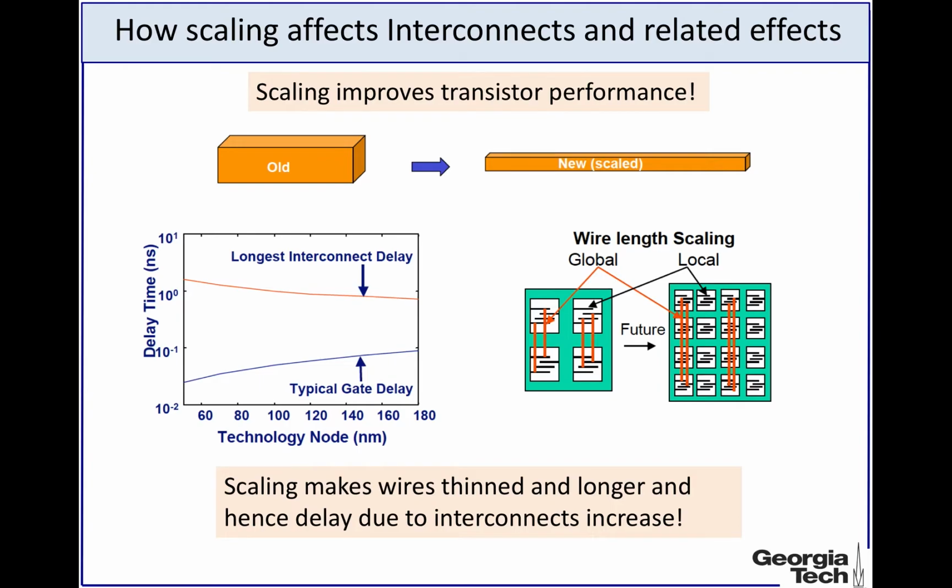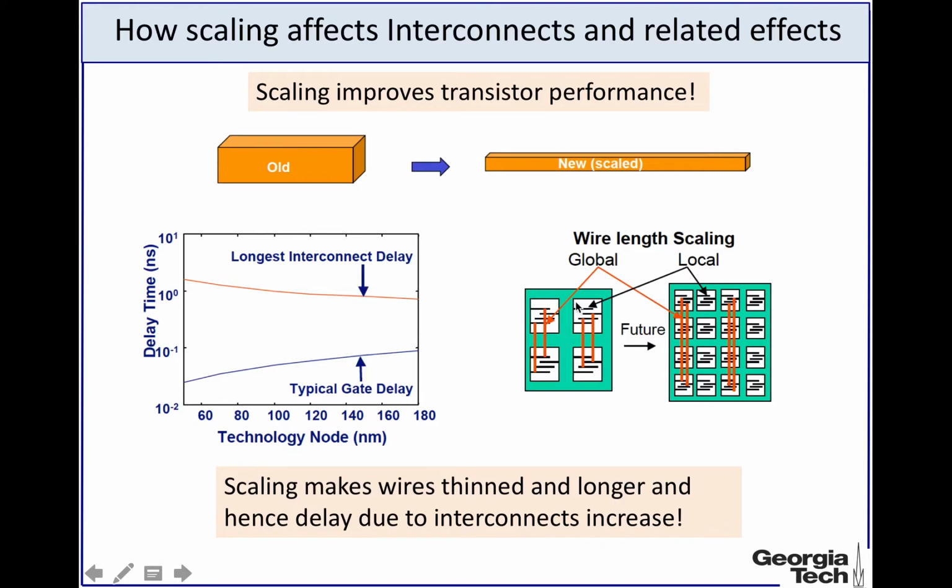Alright, so what we said in the previous lecture is that as we scale down our devices, the gate delay becomes faster, but the longest interconnect delay actually increases as we go towards smaller technology nodes. And the reason is that there are concepts of local and global interconnects.